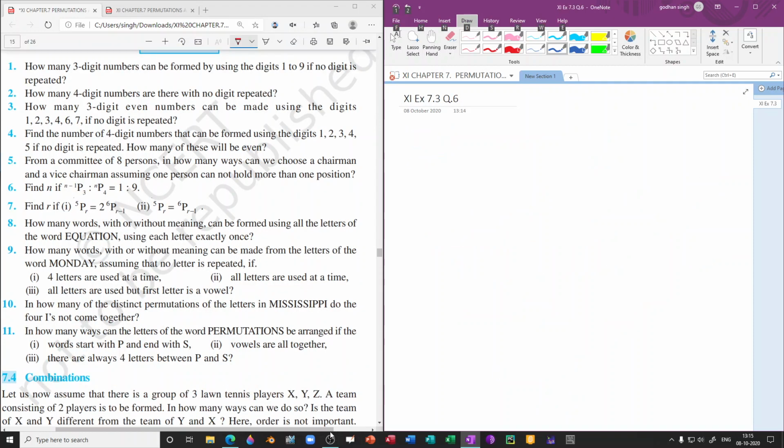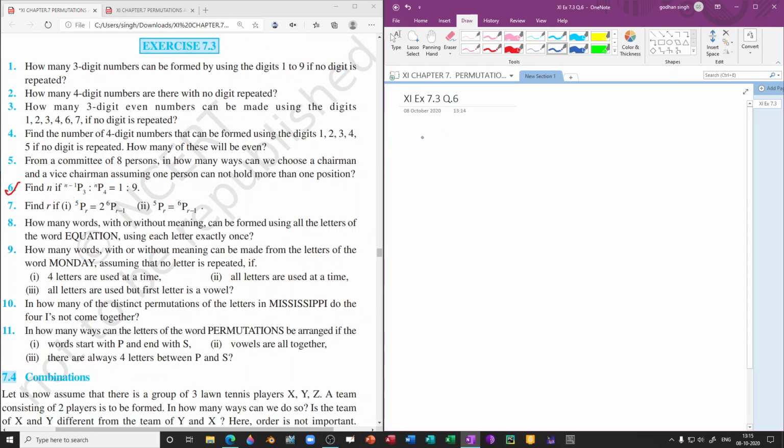Now solving question number 6. Find n if n minus 1 P3 ratio nP4 equal to 1 ratio 9. So n minus 1 P3 over nP4 is equal to 1 by 9.